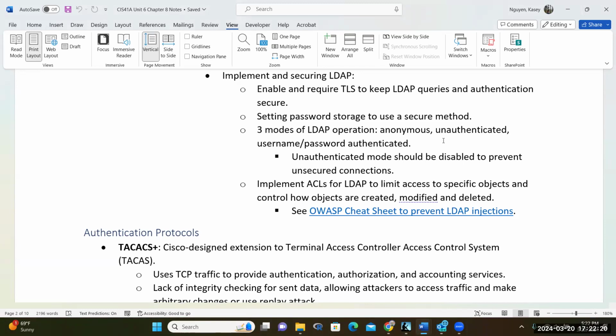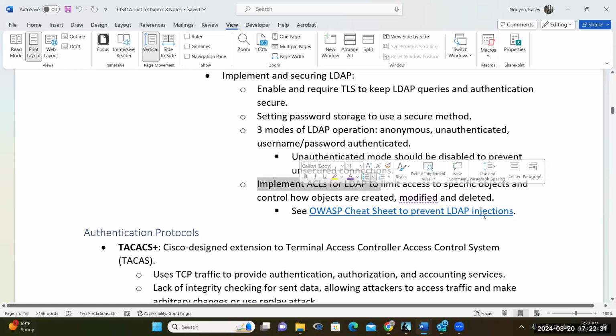We want to log who's doing what, right? So that way we can track and detect any kind of issue. So with that, you need to implement access control lists, okay, ACL. And so permissions and privileges, and then be able to modify how the object is accessed.